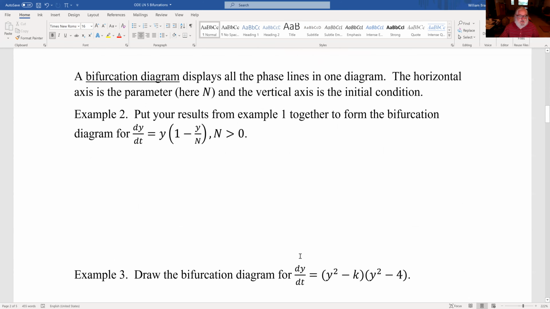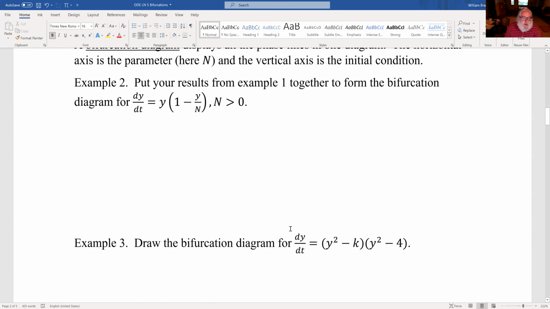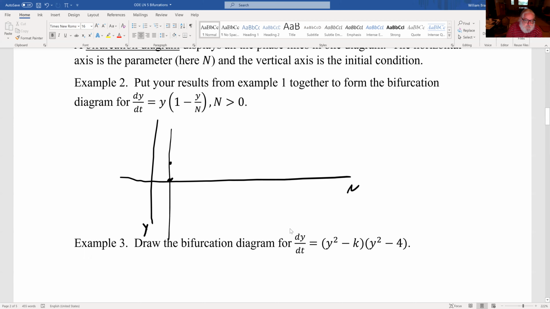So what's a bifurcation diagram for this? So here's n, here's y. We had n equals 1. We drew that bifurcation diagram, down, up, down. N equals 2, the phase line looked like this, down, up, down.